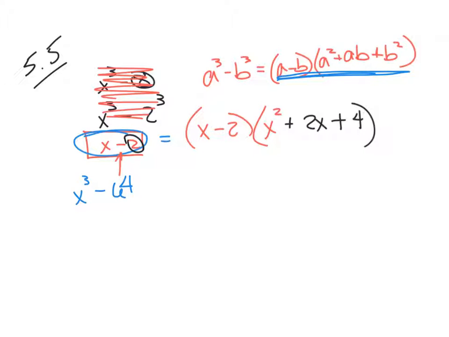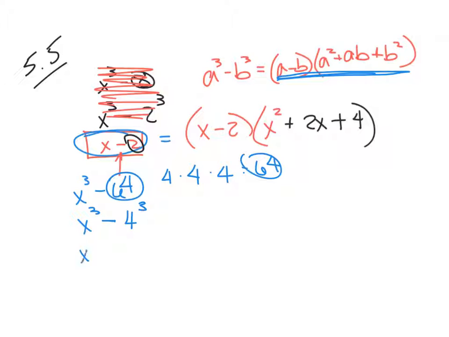This is just like number 9, only I'm using an x instead of a y. Alright, so I'm going to rewrite this as x cubed minus 4 cubed, because I know that 4 times 4 is 16 times 4 is 64.